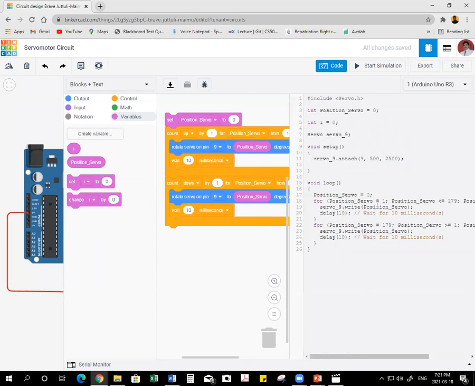Every time the position servo will get that value and it will rotate 1 degree, 1 degree, 1 degree, and it has a delay of 10 milliseconds. Here also the delay is 10 milliseconds inside the for loop; by default in the program it is in milliseconds, so 10.